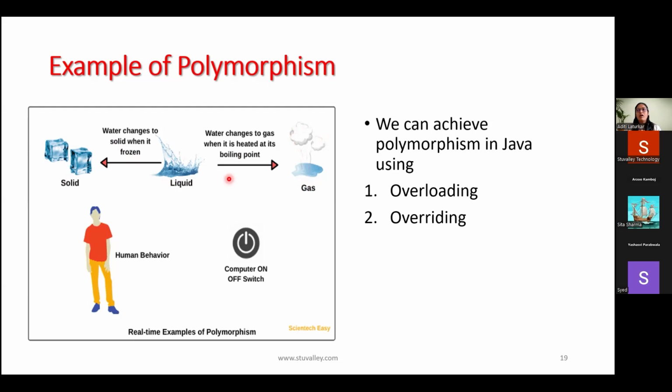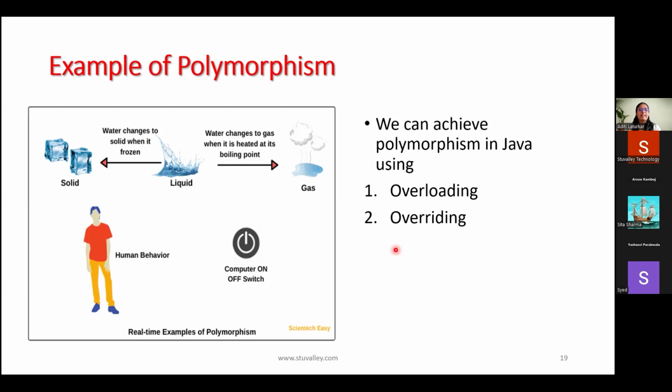One more example is human behavior. It changes from person to person, right? So the human is the same, but the behavior of that person changes with whom he is talking. Or that human works as an employee, as a student, and so on, so there are multiple forms.